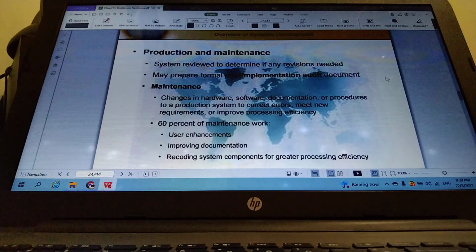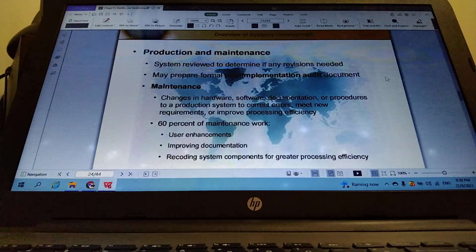Otherwise, if any changes or revisions are needed, they will be highlighting or coming out with a report on what needs to be done next, whether it needs to be done now or will be done in the next stage or in the future. All that will be included in the report. They may prepare a formal post-implementation audit, a document on the next course of action.